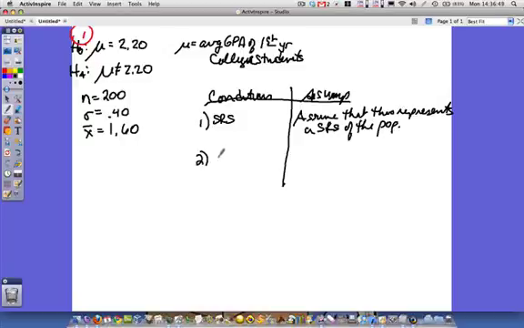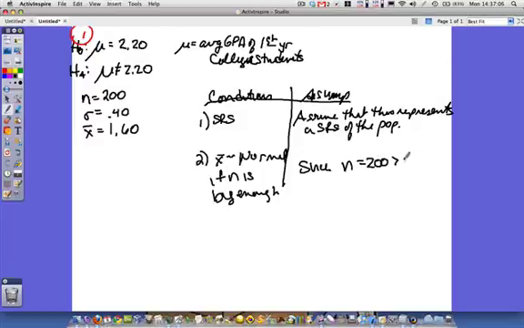So we're going to go ahead and use that X bar is normal if n is big enough. And over here we'll answer that by saying since n is equal to 200, which is a lot greater than 40, remember 40 was our cutoff point, then n is big enough. And this was part 2.